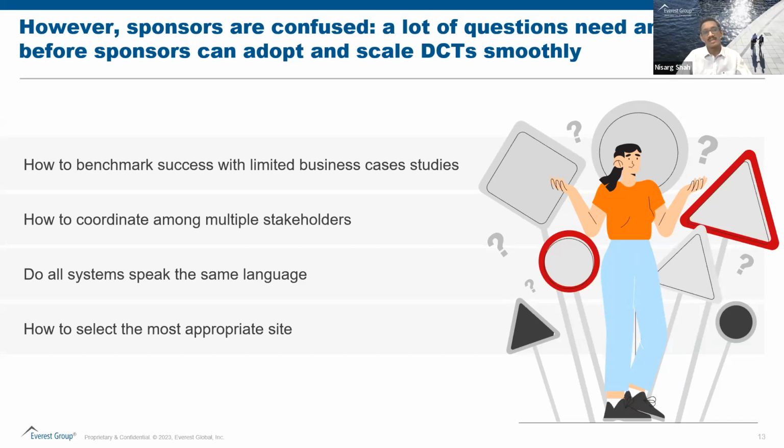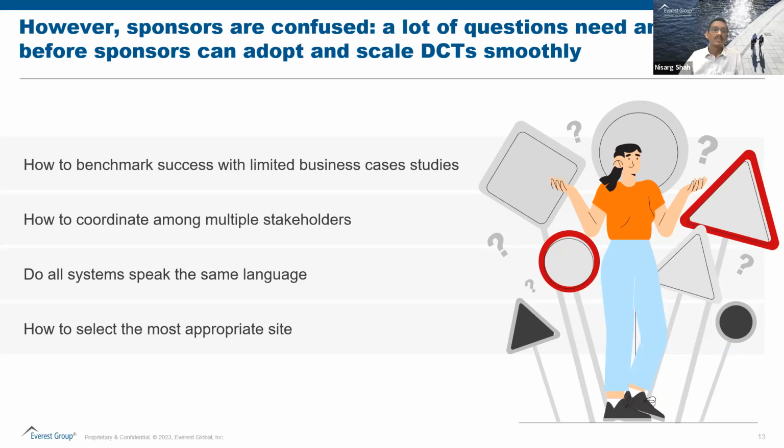Otherwise, a lot of sites may have their own preferences for certain DCT products as well. So if there is going to be an end-to-end product deployment, how does that dynamic change? And ultimately, how are the deployment as well as the user training going to be conducted? The coordination across multiple stakeholders increases and is often one of the considerations for a pharma company to solve for.